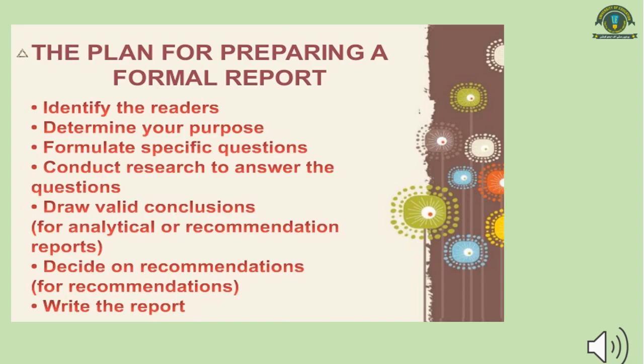Now we have to see what an abstract is. An abstract is usually 100 to 200 words and should cover particular points like why the report has been written, that is, what question or problem it is addressing. Then how the study was undertaken.